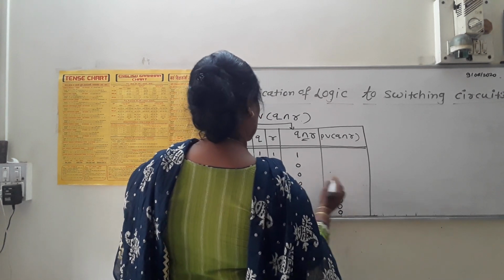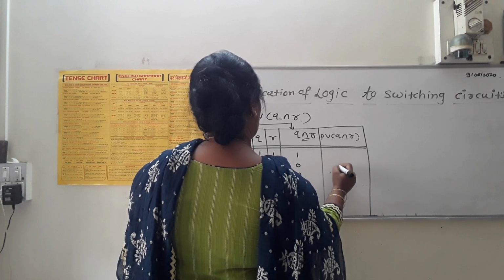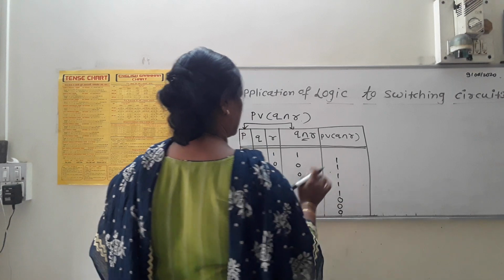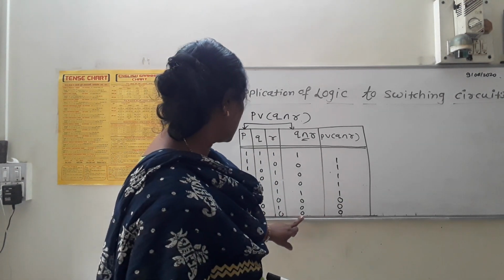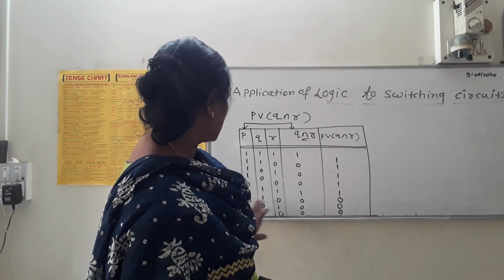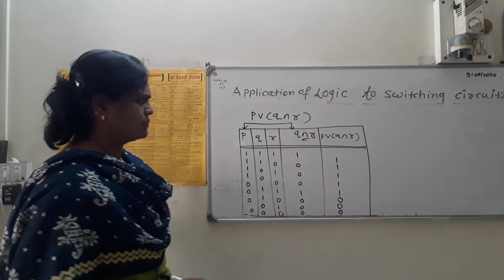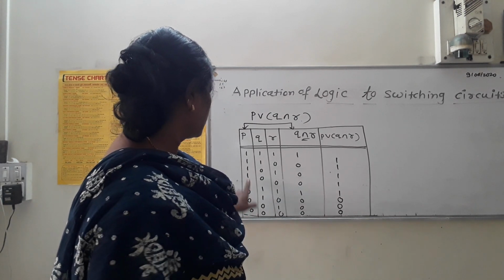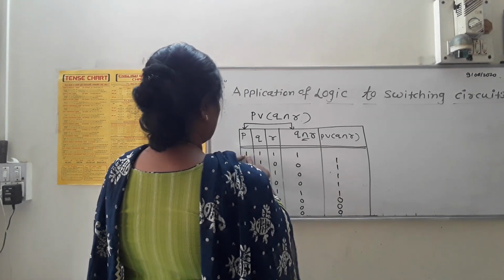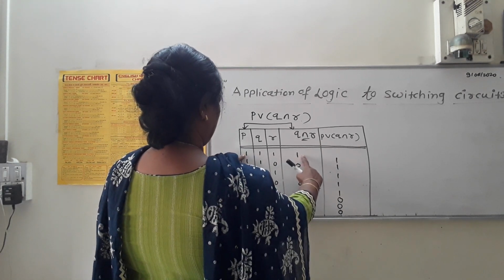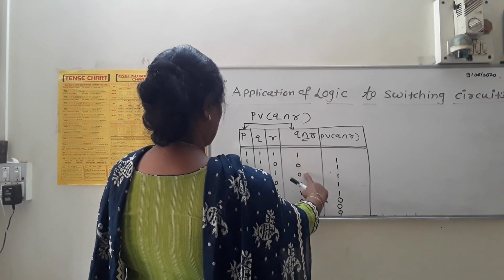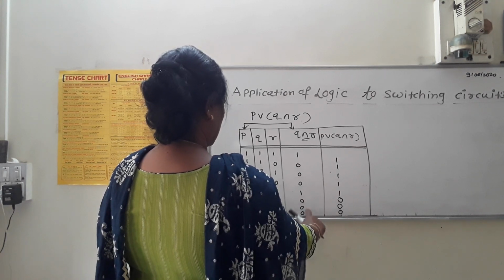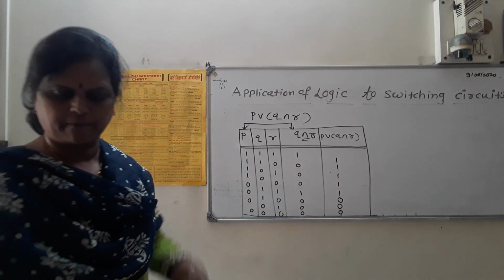This is 1, 1, this is 1, 1, 1. Okay? 0, 0, again 0, 0. Here P means 1 1 1 1 0 0 0 0, and the last 0 0, clear.